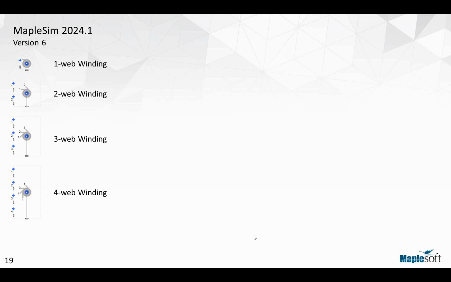Again, this was one of the components that we come across in manufacturing of batteries. And so this component would have use cases probably in other applications as well, but here we're going to talk about the 2-web and 4-web in form of examples.